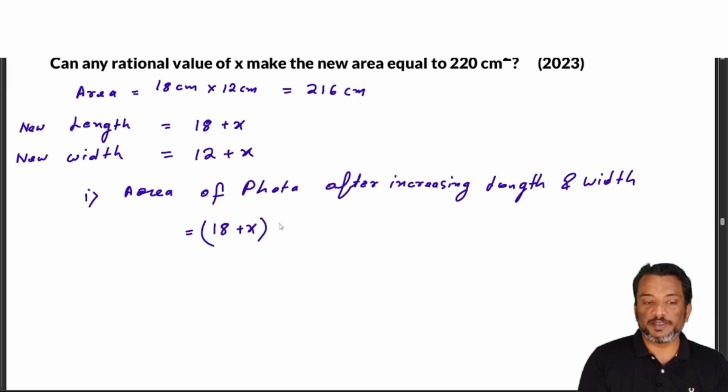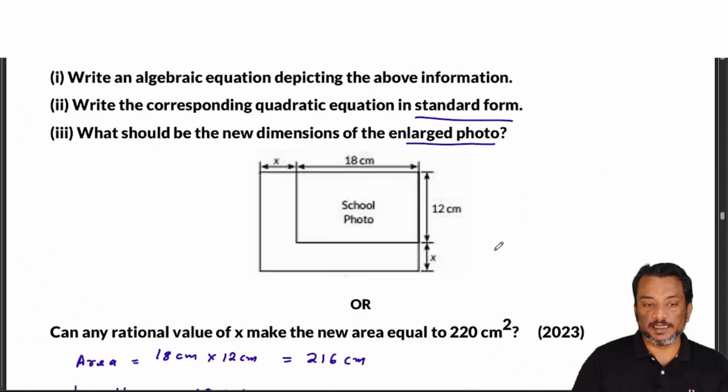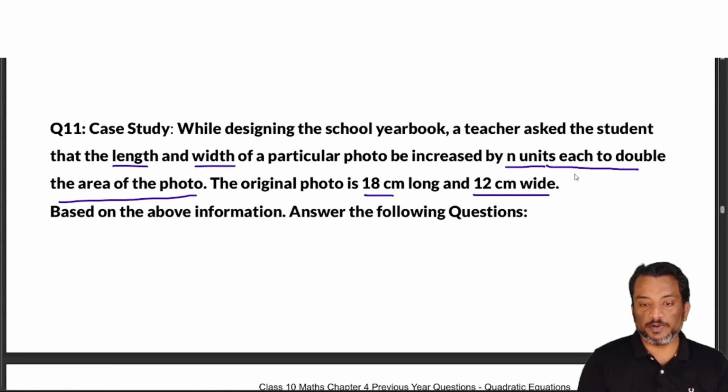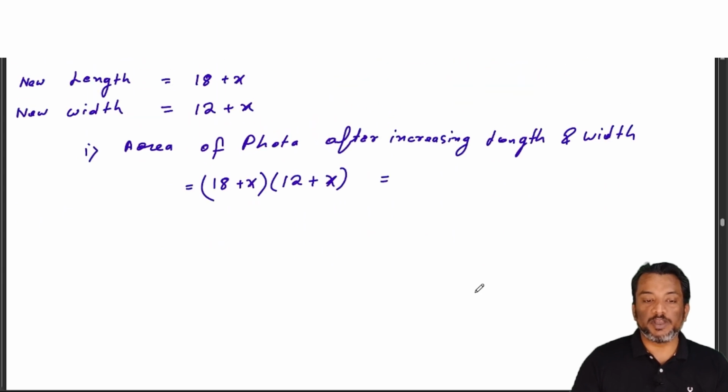And what is our width? 12 plus x. Here it is saying the area has become double the area of the original photo. So the previous area was how much we have got? 216. So now the new area we will say 2 times 216.